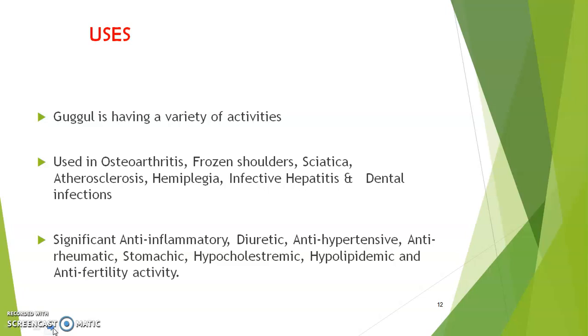Then uses of Guggul: it has varieties of activity. It is used in treatment of osteoarthritis, frozen shoulder, sciatica, atherosclerosis, hemiplegia, infective hepatitis, and dental infection. Significant anti-inflammatory, diuretic. It also acts as antihypertensive, stomachic, hypocholesterolemic, hypolipidemic, and antifertility activities are also shown by Guggul.